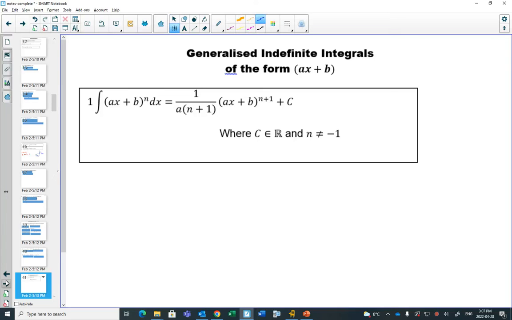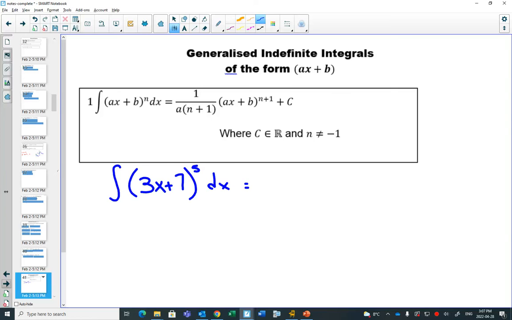We can do an example right beside. Let's say you have 3x plus 7 to the 5, and you want to find the integral. You've got a line inside of a power.